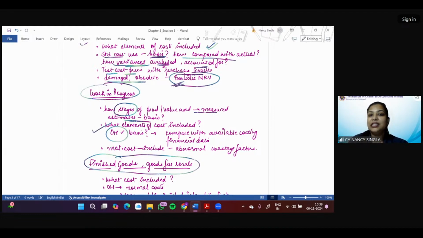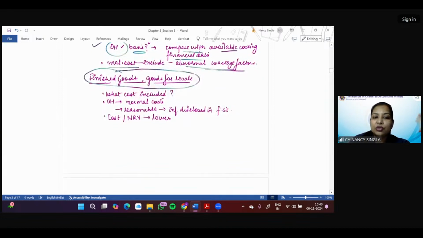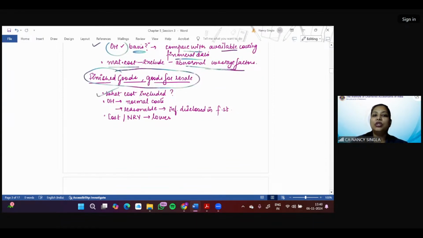If overheads are included, then what are the bases? He'll compare it with the available costing and financial data, right? And he'll see that in the material cost, the abnormal wastages or any such factors are excluded. Simple.